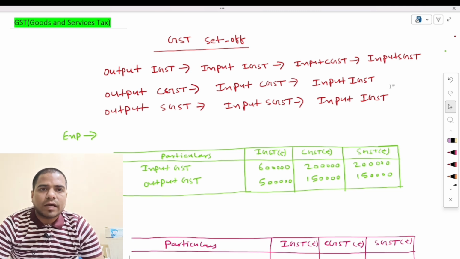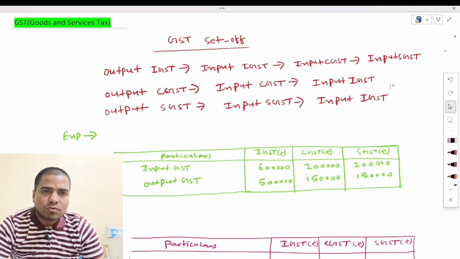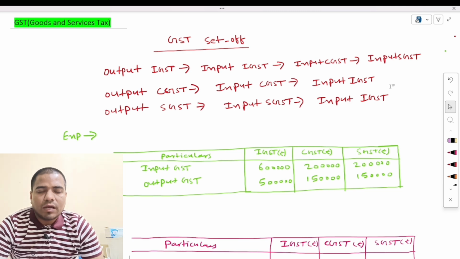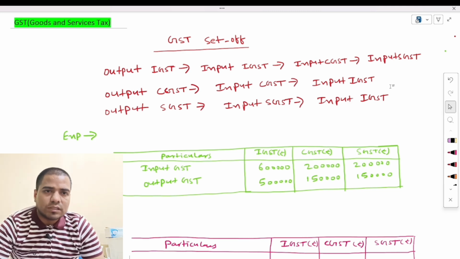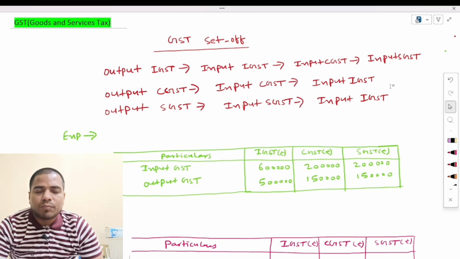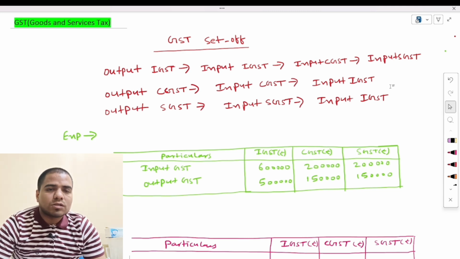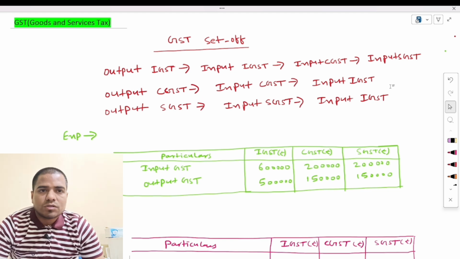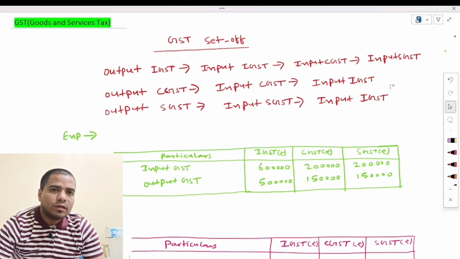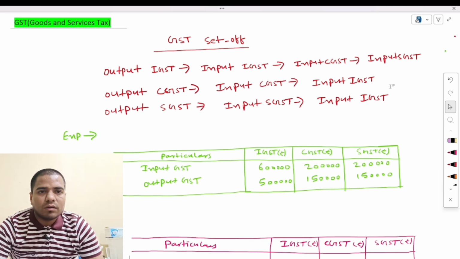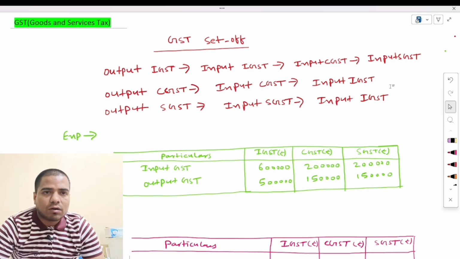But at the time of sale of any goods or services, we collect the amount of GST from the customer. This GST will be treated as the output GST. It may also be CGST, SGST and IGST. So here we will have two types of GST broadly. First category is output GST and second category is input GST.